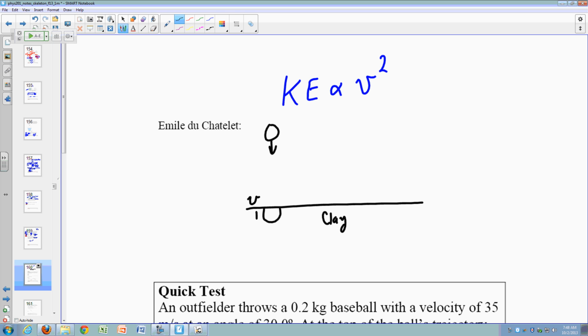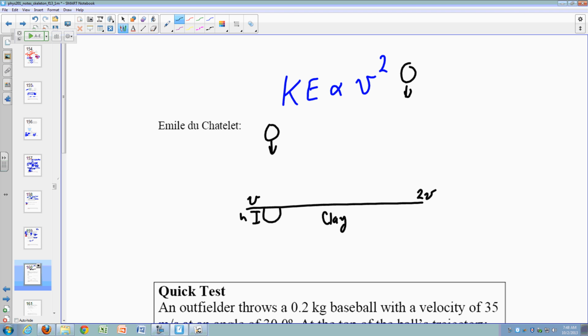And so hitting at a velocity v, or speed v, she found that it made an indentation of a height h, or depth h. And then she dropped a ball from a greater height so that when it struck the clay, it had a speed 2v, twice the speed of the original.